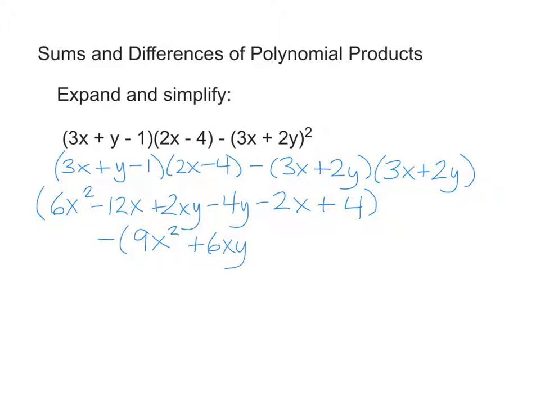So 2y times x, 2yx. Then I want to do 2y times 2y. So plus 4y squared. And that's everything. I've done all the multiplication.